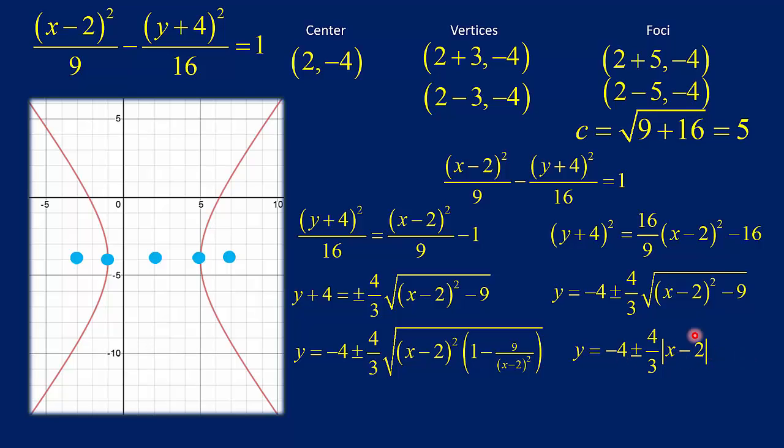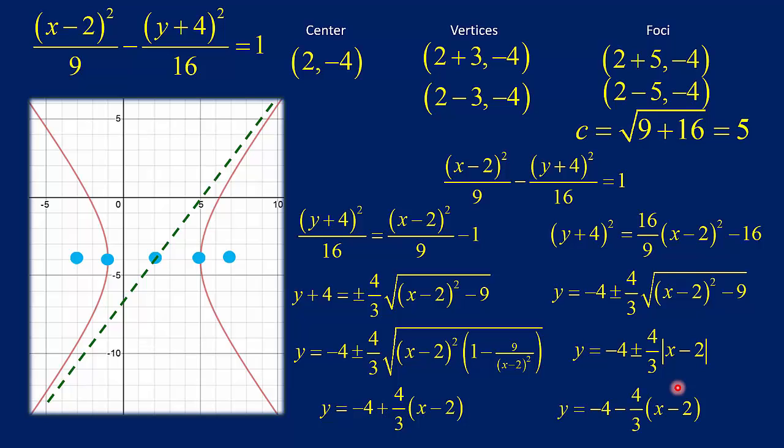This right here is what gives you your asymptotes. Now you can write this a little bit differently. You could say, well, I'm going to write that as y = -4 + 4/3 (x - 2). And I get that. And then I'm going to represent the other as y = -4 - 4/3 (x - 2). And I get that. Those are your two asymptotes.